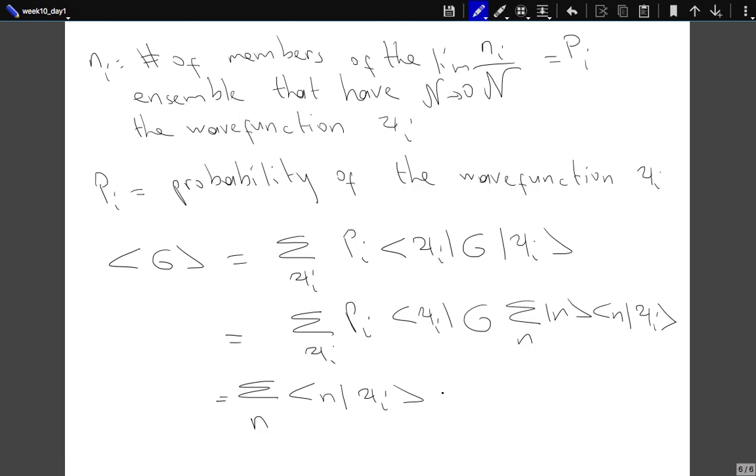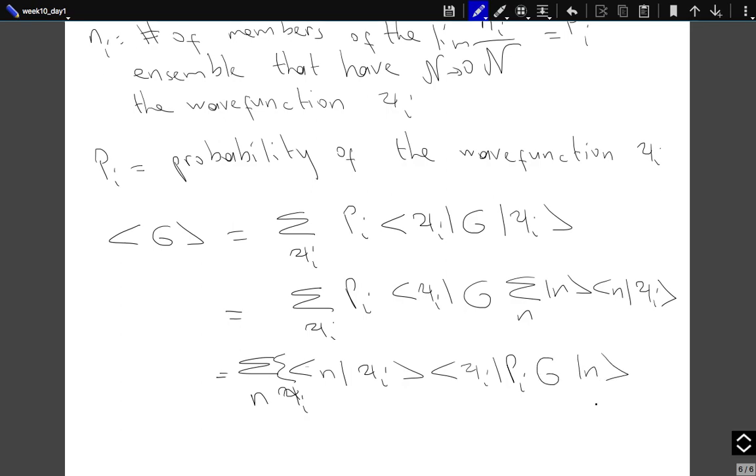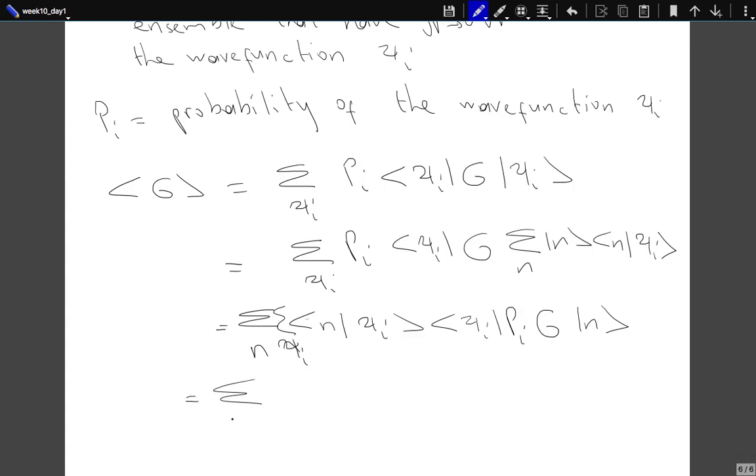Here I have also a summation over psi I, Pi, G, N. Or, again, let me just slightly rearrange the position of the terms: sum over N, sum over psi I, Pi, now Pi I have already written, G, N.